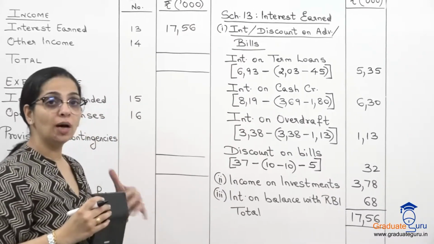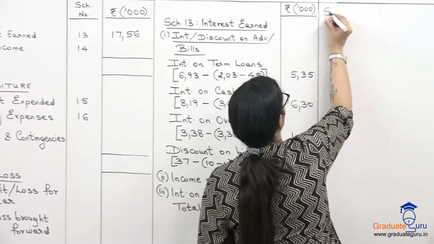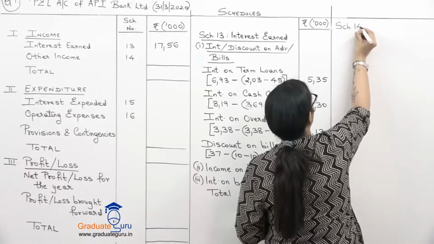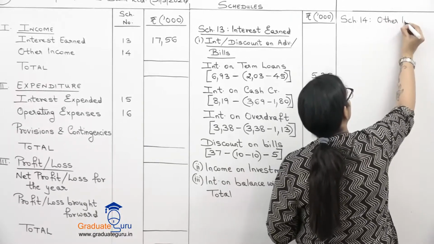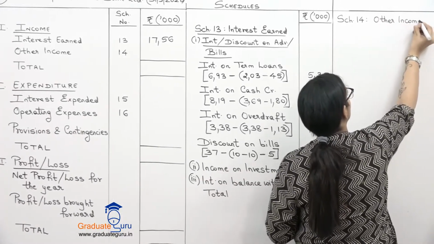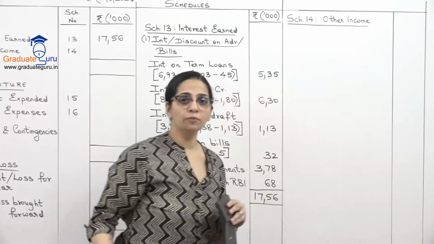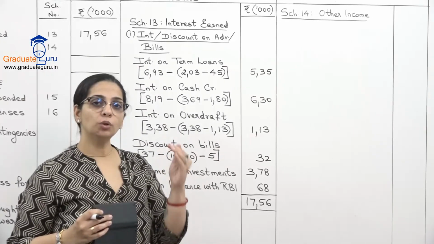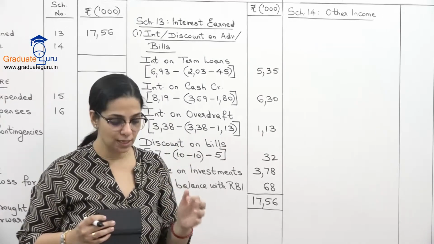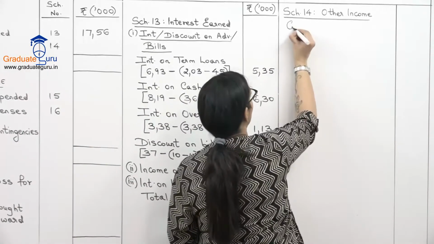And then we go to our second schedule, that is schedule number 14, which is other income. Now in other income, first we start with the commissions which are given to us. Then we'll go to the profit or loss on certain transactions. So first is commission on remittance and transfer.